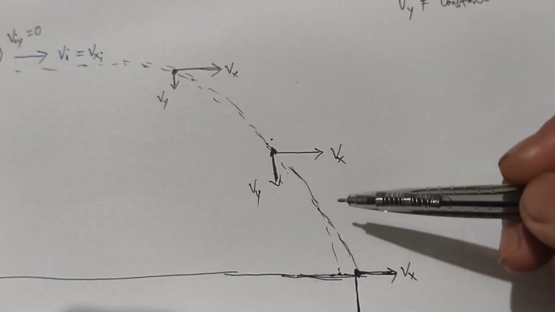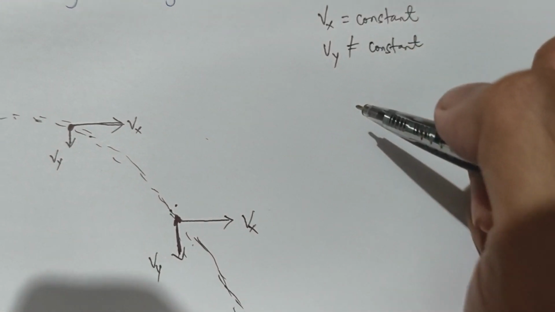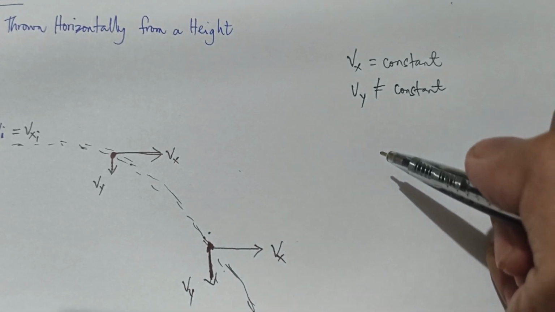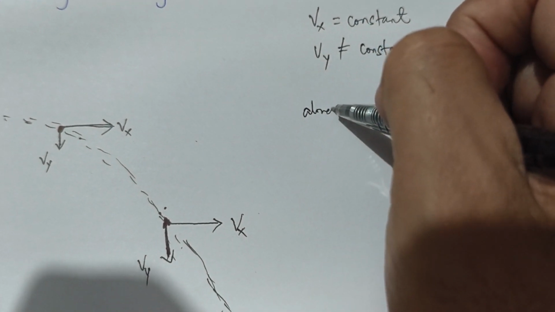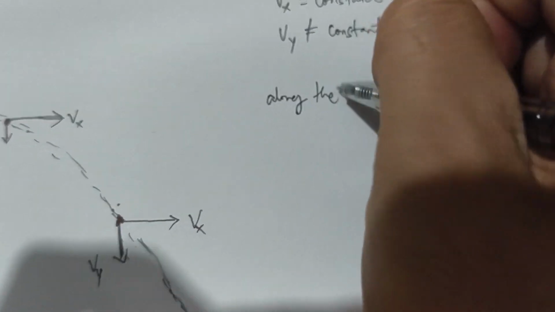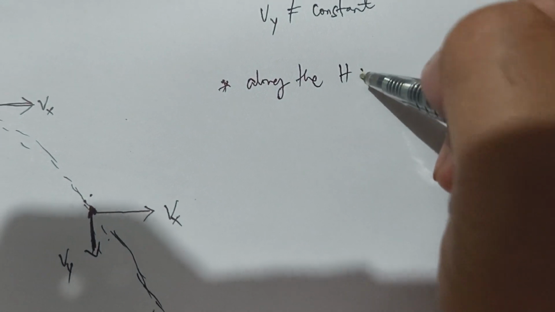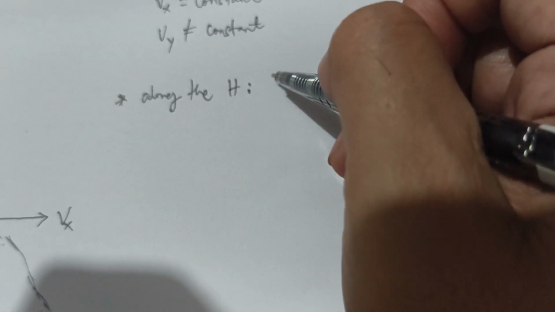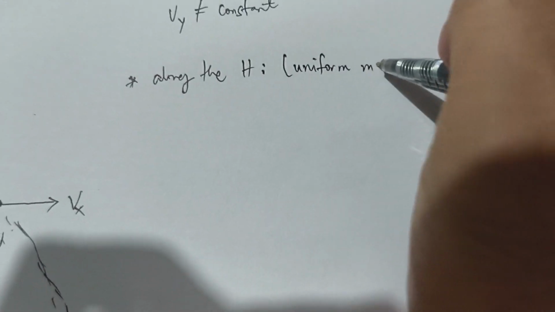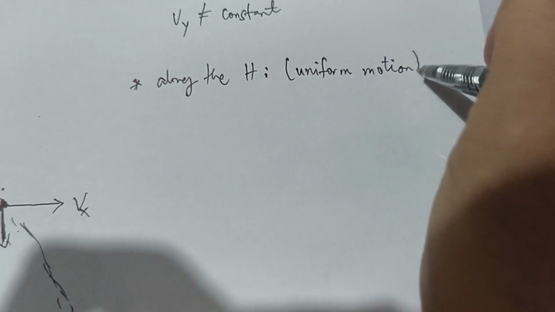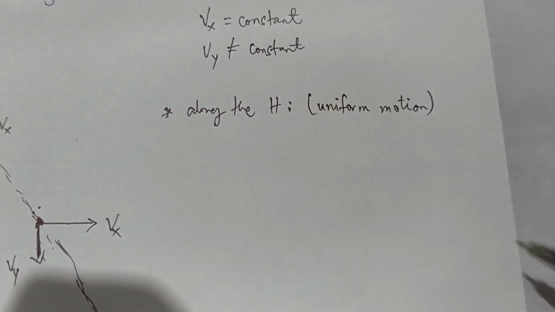Alright, so therefore, what kind of motion is present along the horizontal? Very good. That is along the horizontal, we have what we call uniform motion. Constant ang speed. Okay, so all throughout.